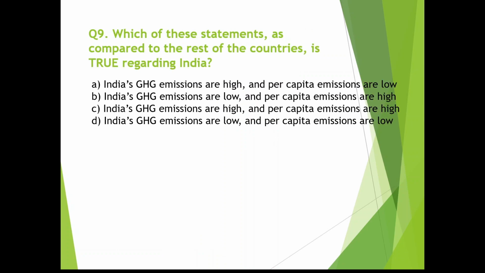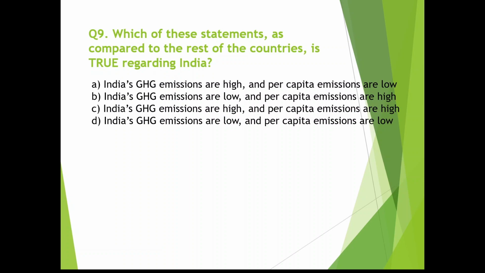Here is the ninth question of the assignment problem of the previous year. Try to give an answer to this question as well. Which of these statements, as compared to the rest of the countries, is true regarding India? So this was also well explained. How much greenhouse emissions are there from India?